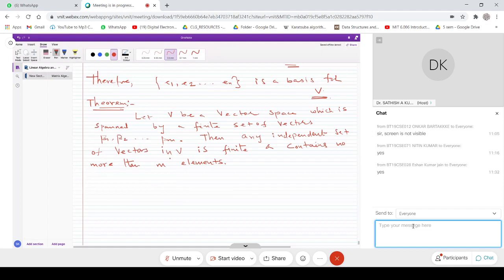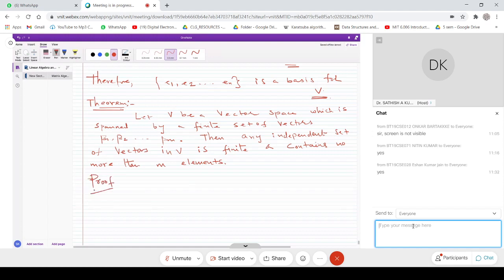You can go for the induction method, you can directly make use of the given hypothesis, you can prove by contradiction, or you can even prove in the reverse way. So there are many approaches for this theorem. What we are going to do is take more than m elements and prove that this set is a linearly dependent set. Okay, that's it. The proof is very simple.